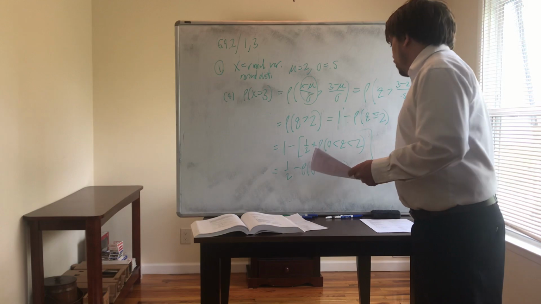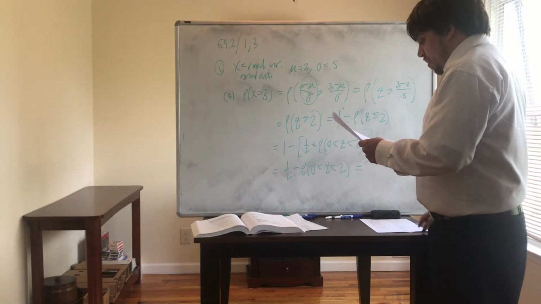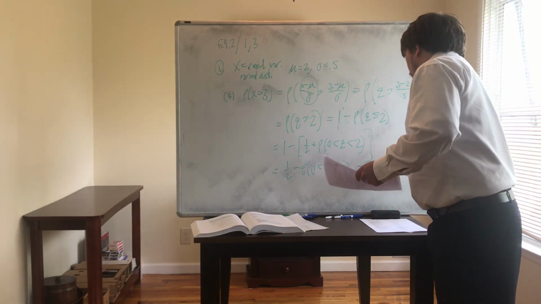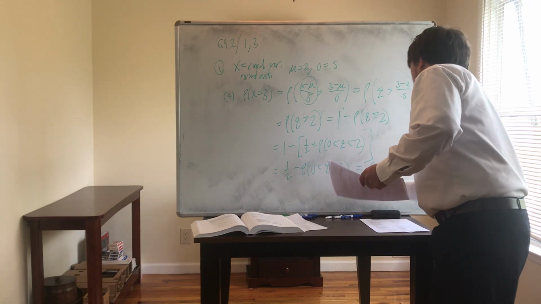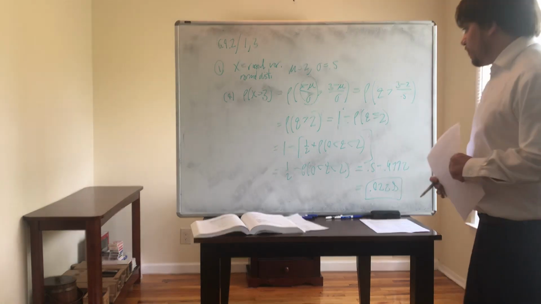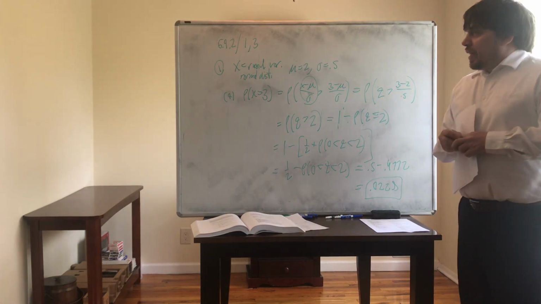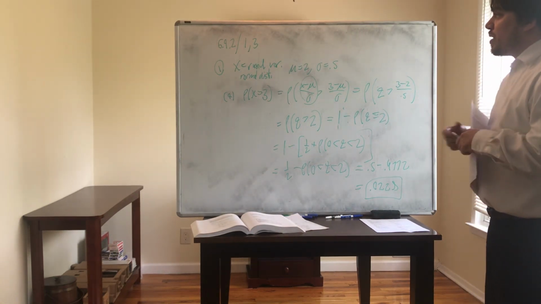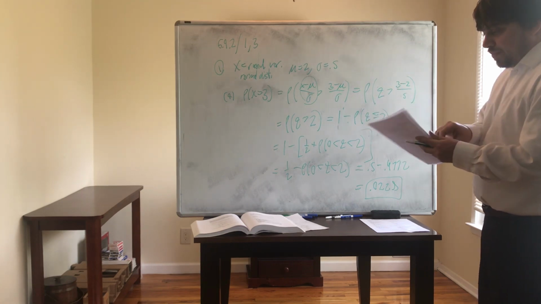And so if you find this probability in the table, you get 0.4772. So this is 0.5 minus 0.4772, which is equal to 0.0228. And that's the answer. Okay? So that's 6.9.2, number 1.